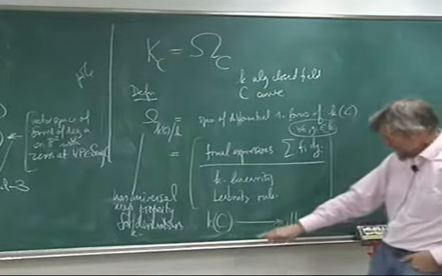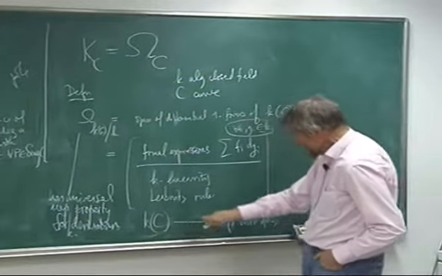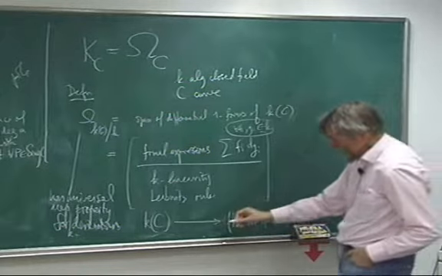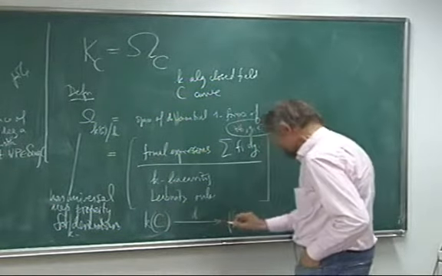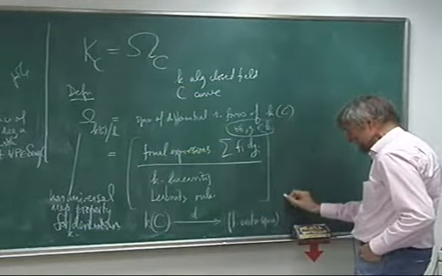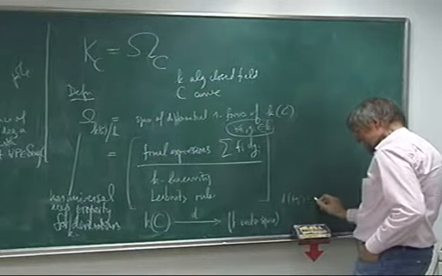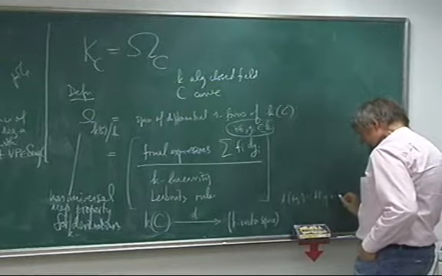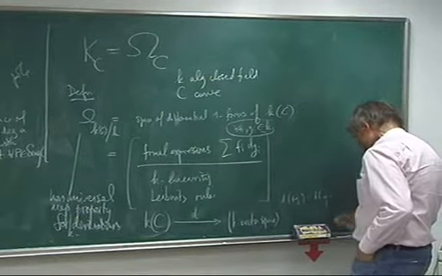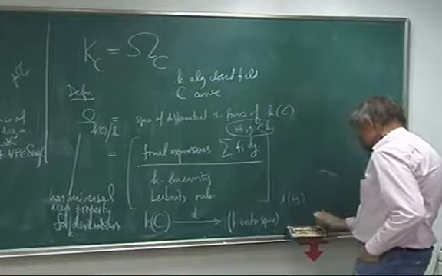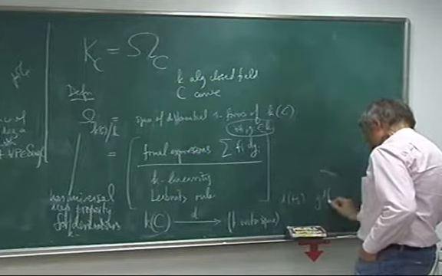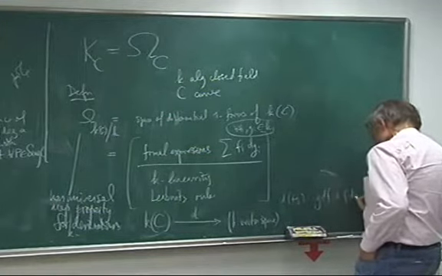I try to map Kc into some K vector space, and to say that it's a derivation just means it obeys the Leibniz rule. So d of fg is what you expect: f dg plus g df.